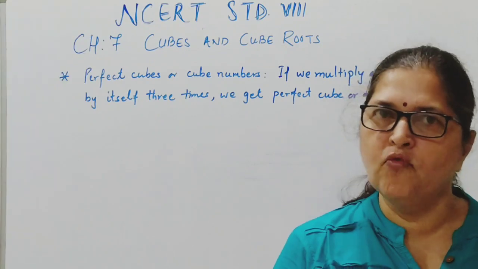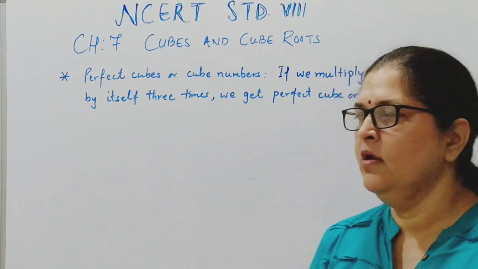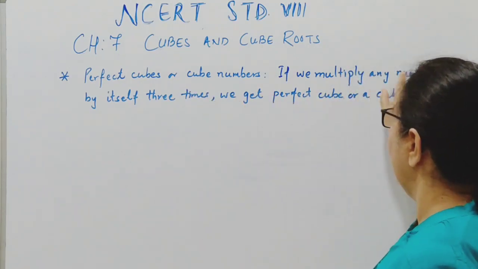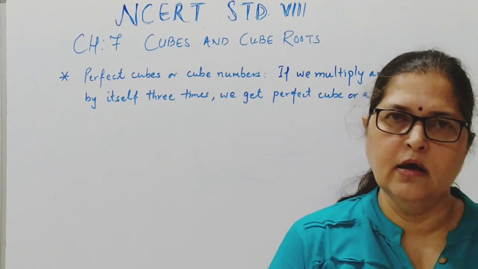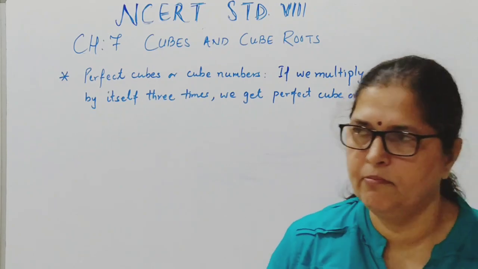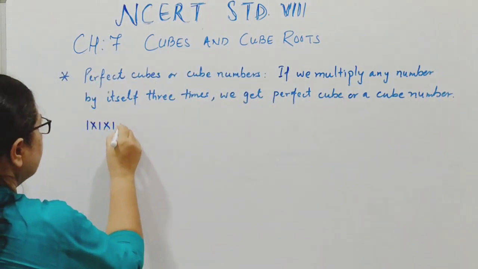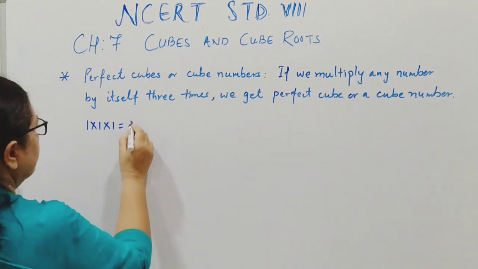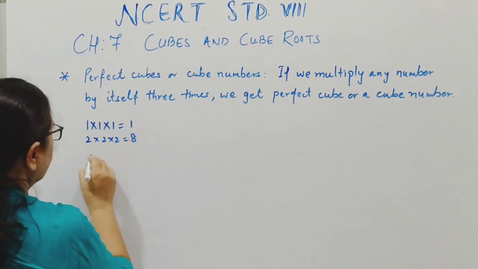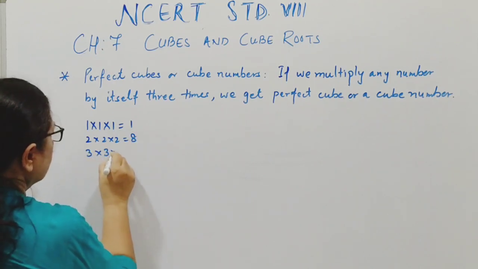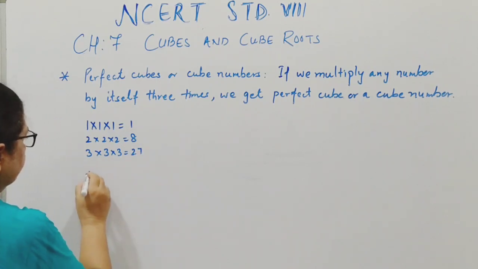In algebra, what is a perfect cube number or a cube number? When we multiply a particular number 3 times by itself, we get a perfect cube or a cube number. For example, 1 into 1 into 1 gives 1, then 2 into 2 into 2 is 8, 3 into 3 into 3 is 27, and so on.